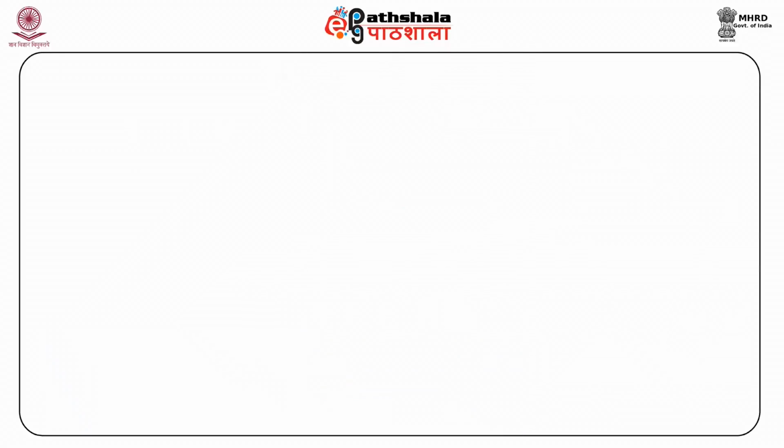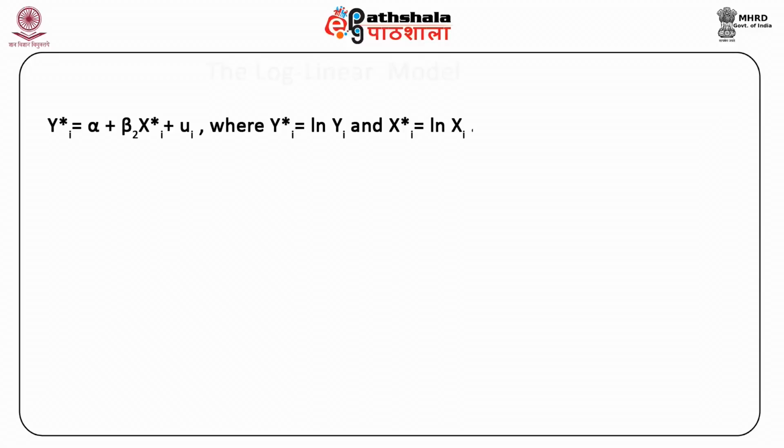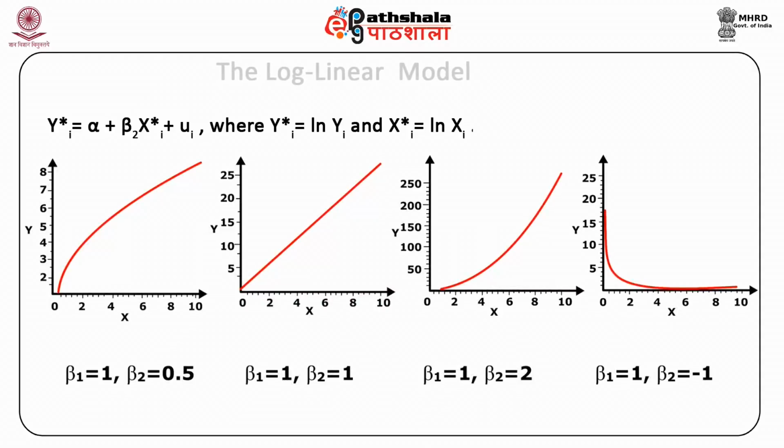We can write down y_i star = alpha + beta 2 x_i star + u_i, where y_i star is ln y_i and x_i star is ln x_i. We have different diagrams for different values of beta 1 and beta 2, which I'm sure you can observe from the slides.